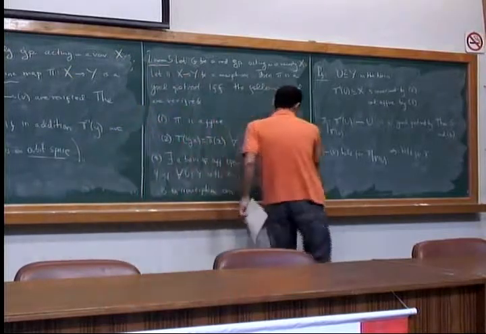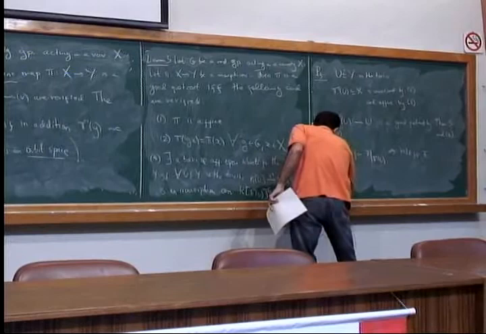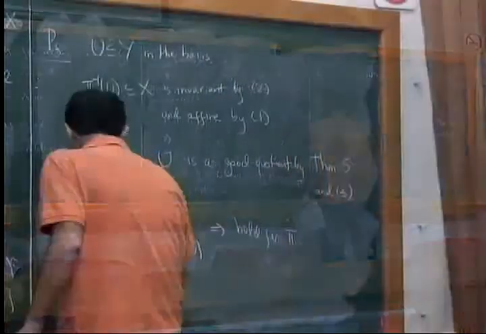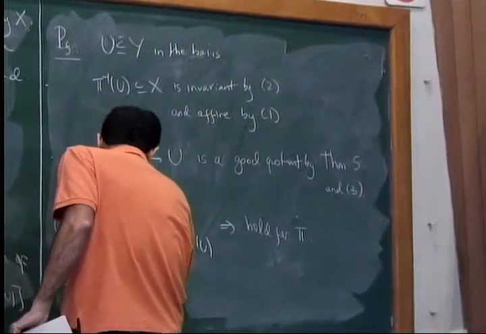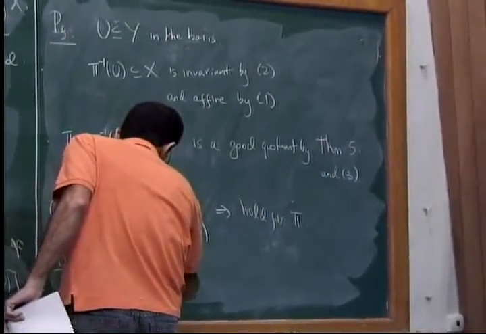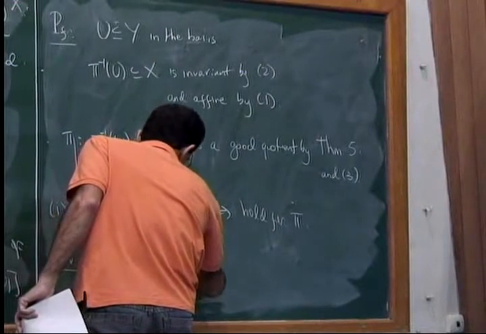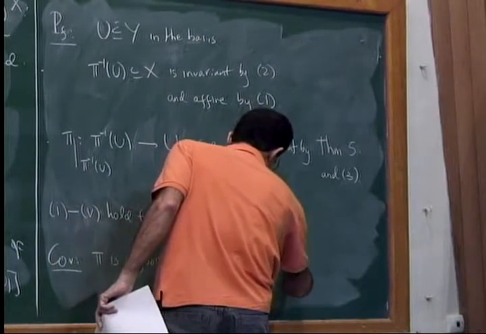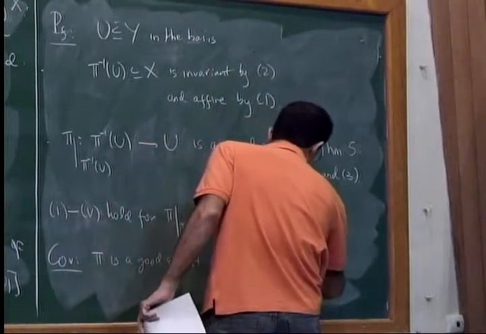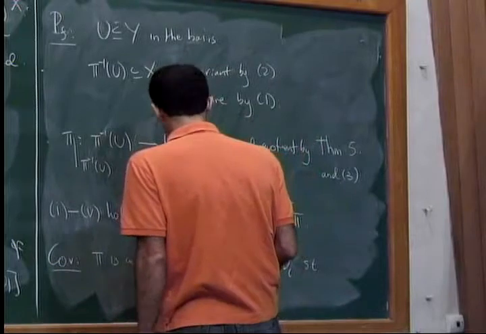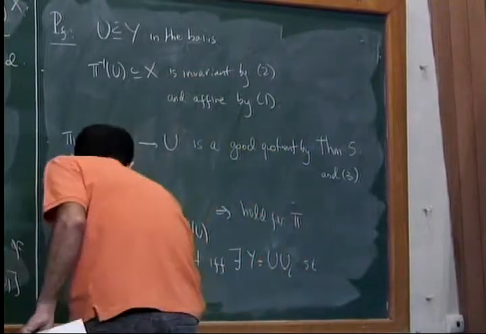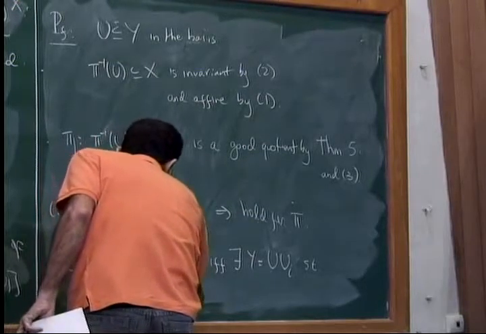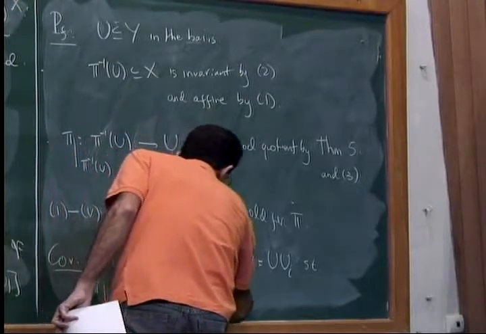So the corollary is that in this case, a reductive group acting, the corollary is that pi is a good quotient if and only if there is a covering U_i of Y such that pi restricted to pi inverse of U_i, to U_i, is a good quotient.